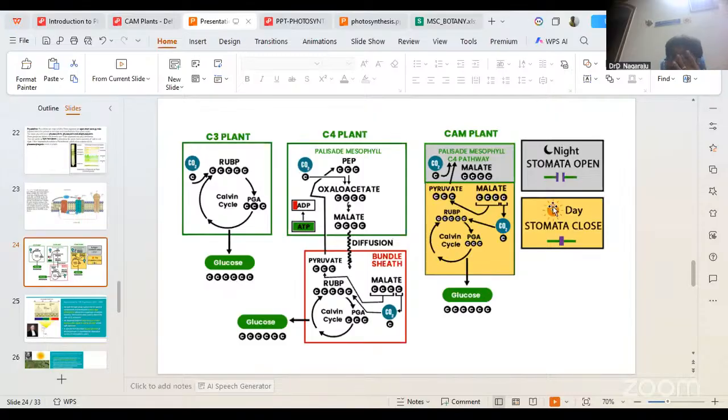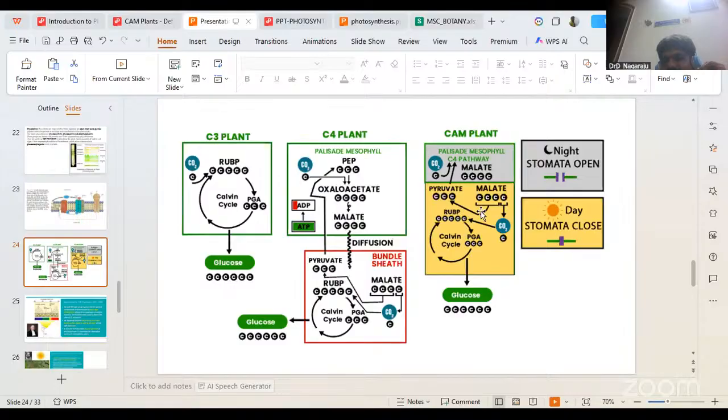There, in the daytime it closes the stomata and at nighttime it opens the stomata. Only at nighttime it absorbs carbon dioxide and assimilates it as malic acid.